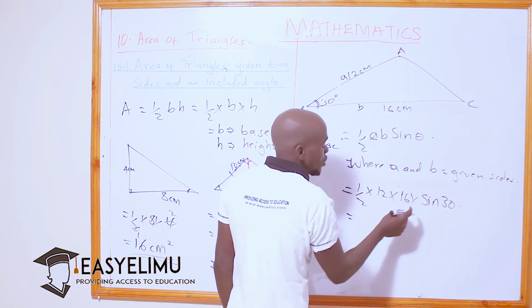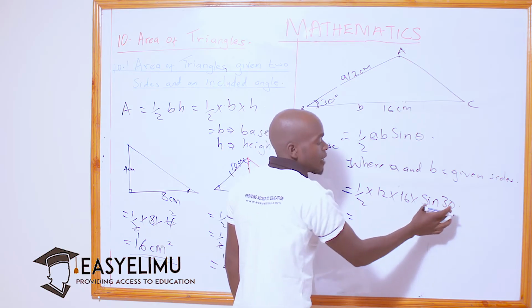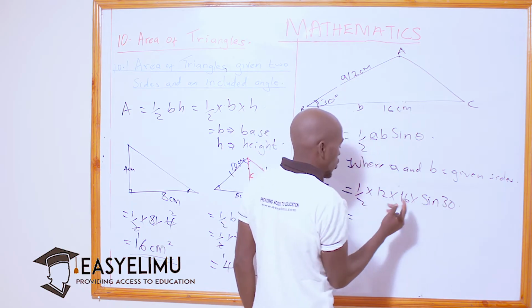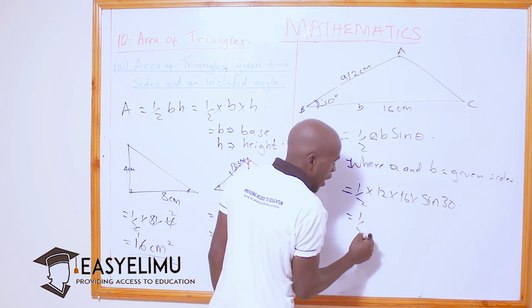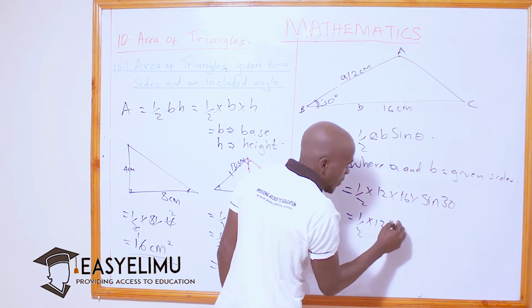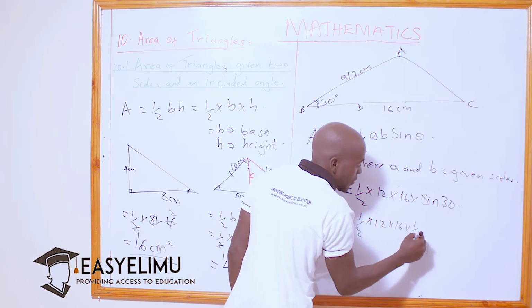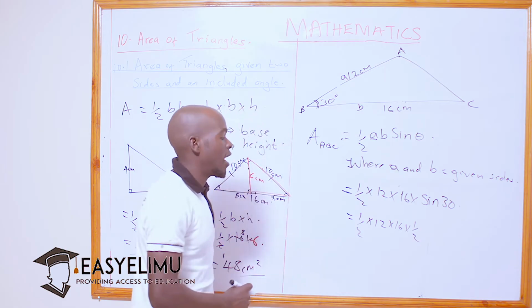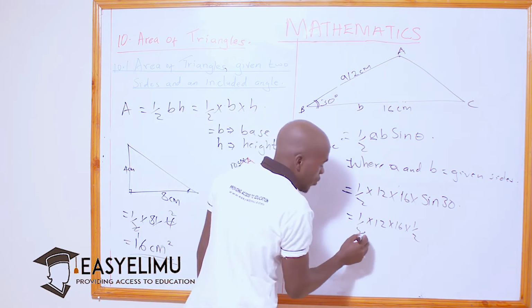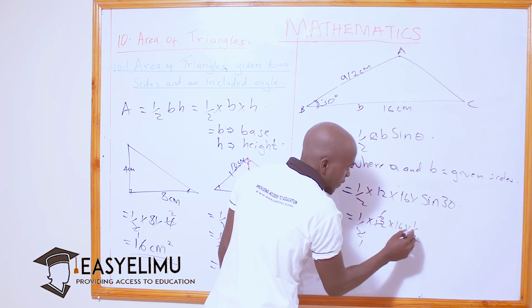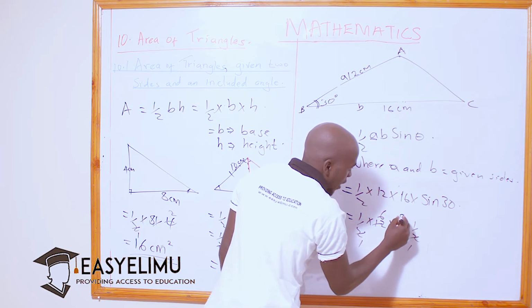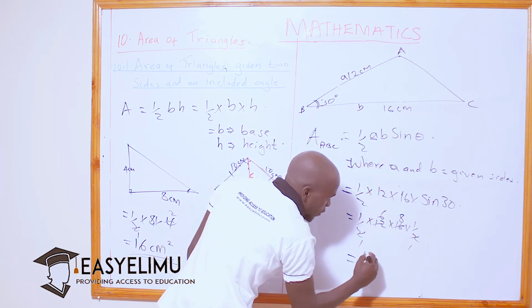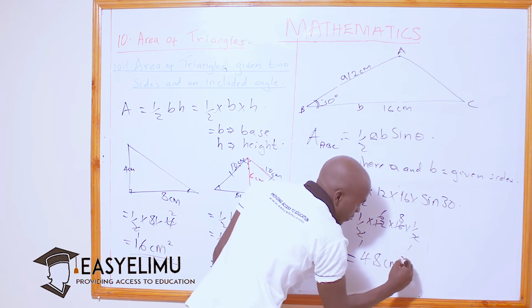Using trigonometric ratios, sine 30 is a half. So we have a half multiplied by 12, multiplied by 16, multiplied by a half. Here is 6, here is 8, so this still gives you 48 square centimeters.